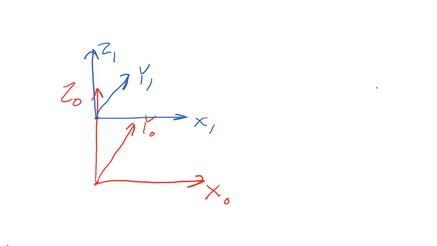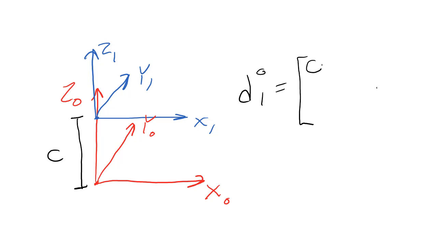Likewise, if the one frame was instead located here, and this distance was represented by c, then the displacement vector would be 0 in the x, 0 in the y, and c in the z direction.